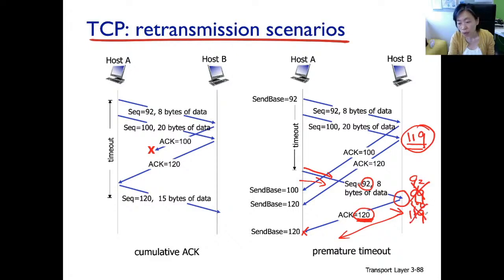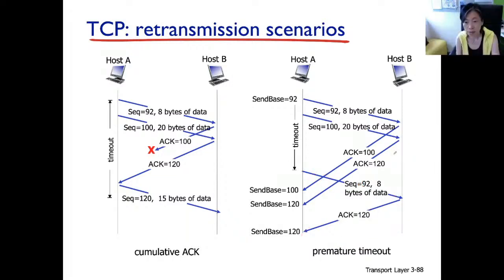This is going to be ignored as well because 100 to 119 bytes have already been passed up to the application layer. So another ACK 120 is going to be sent back to the sender, and the sender is just going to ignore it again. And that was example 3.